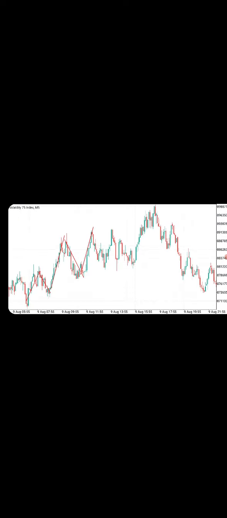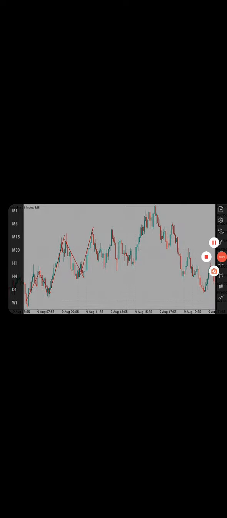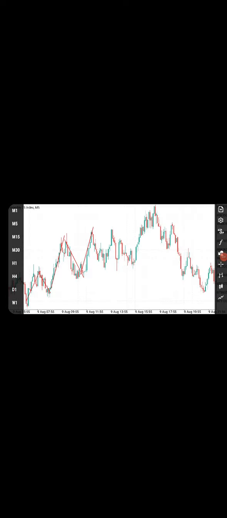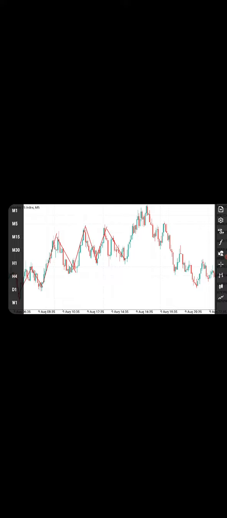It is a higher high, and our market is making a higher high and a higher low, a higher low formation. This is a higher high, we have a low, and then we have another higher high formation.